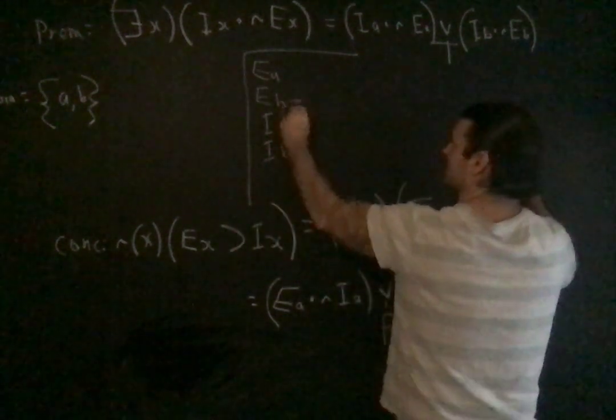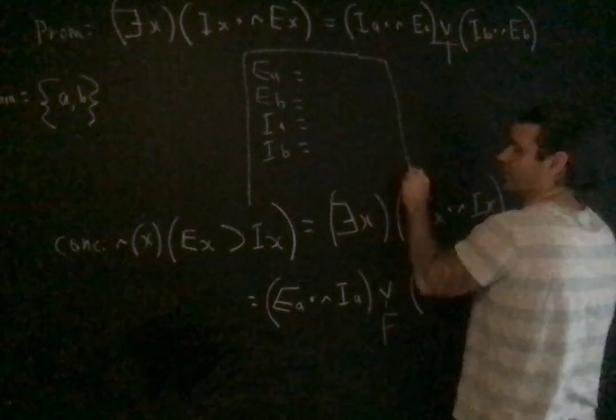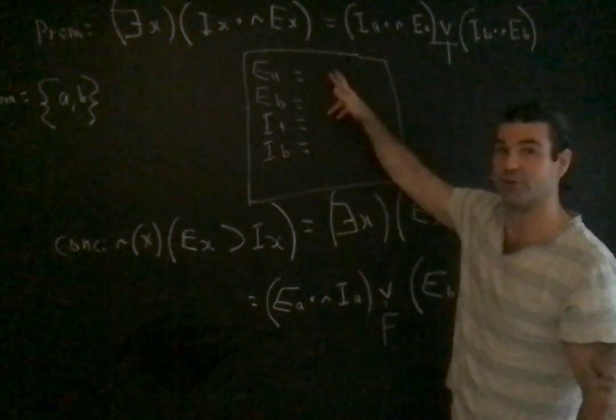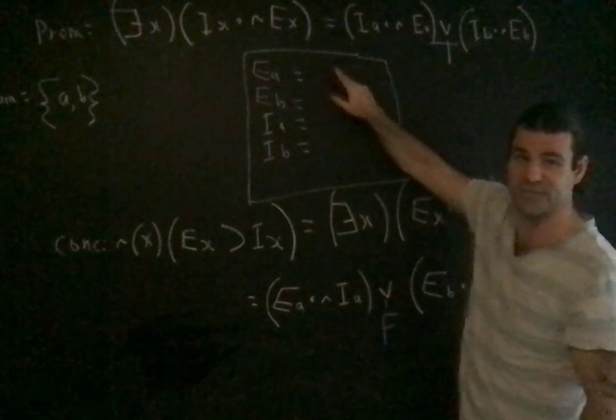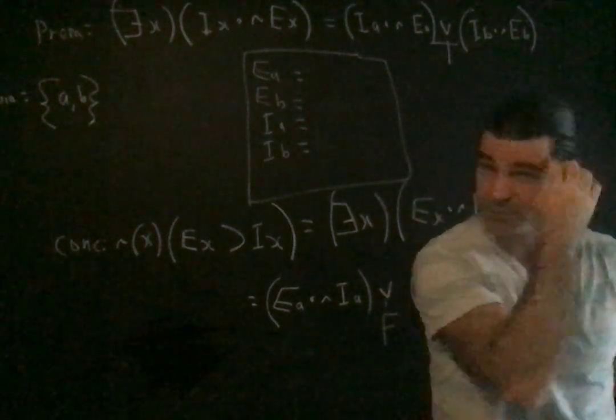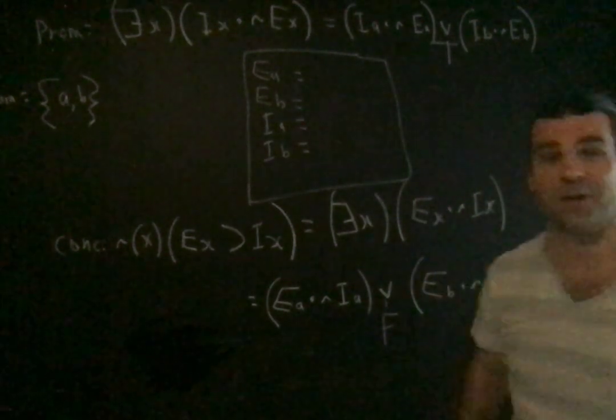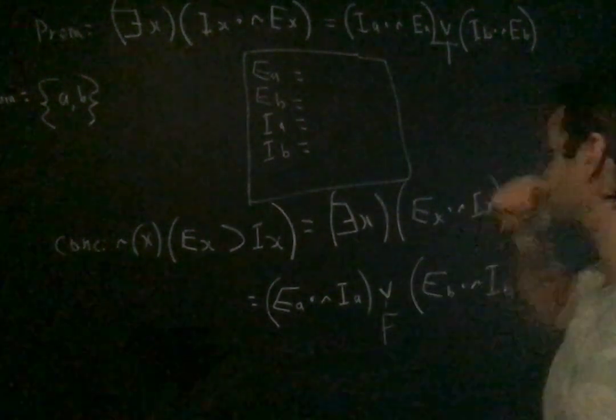Those are my only elements, I think. And I'm looking for an assignment of truth values to these. That means making this true or false. This is the list of T's and F's. Those are the truth values, T and F. Trying to make premise true and conclusion false. If I can, I have a counterexample.